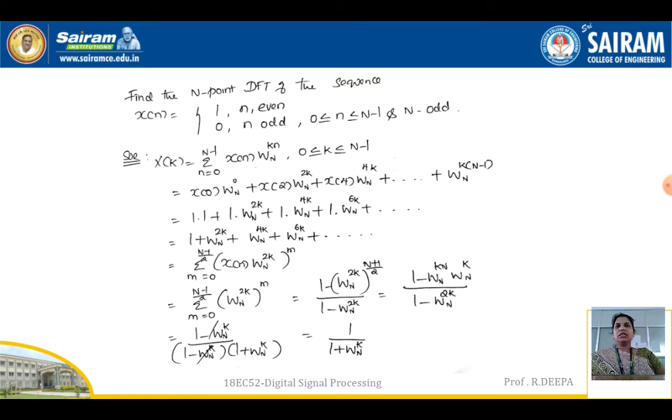And we don't know what is the maximum value of N. Generally we will write it as x(0) W_N power 0 plus x(2) W_N power 2k plus x(4) W_N power 4k, like that it will go on till N-1. Next let us substitute the values: x(0) is 1, x(2) is also 1, x(4) is 1, x(6) will be 1.